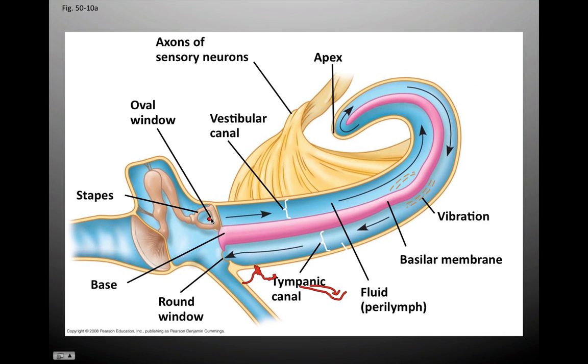So here we have a better, clearer picture of the stapes, which is going to be vibrating against the oval window. In this case, the vibration is felt in the cochlear duct because the membrane is being pushed against the cochlear duct.